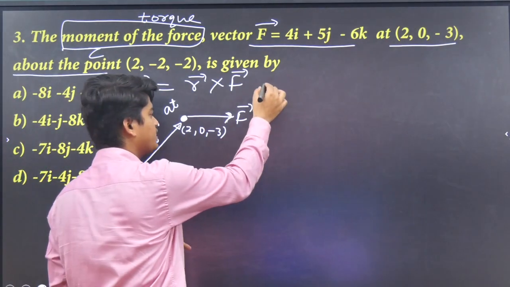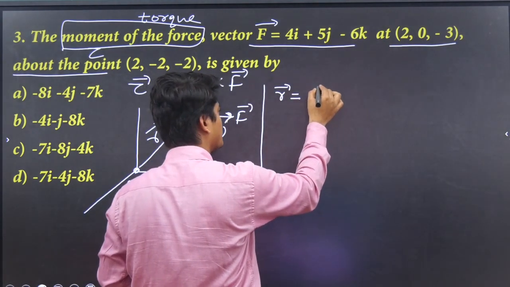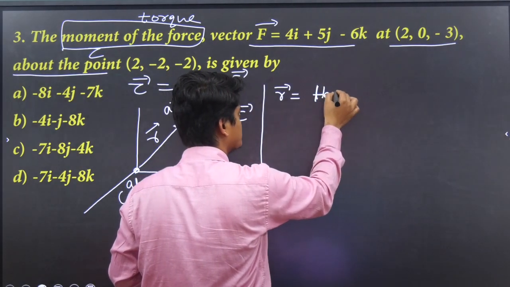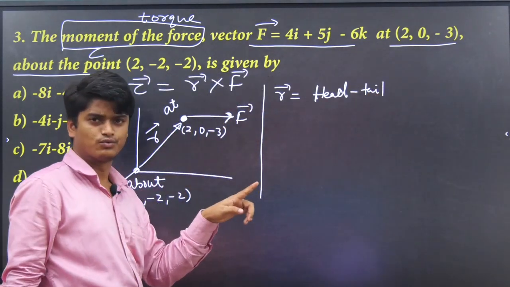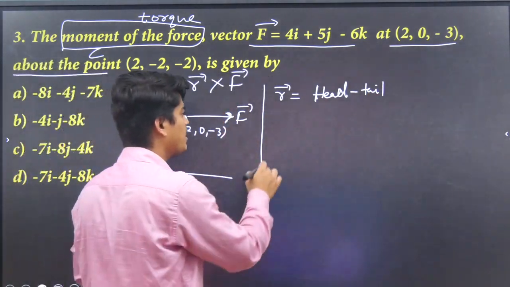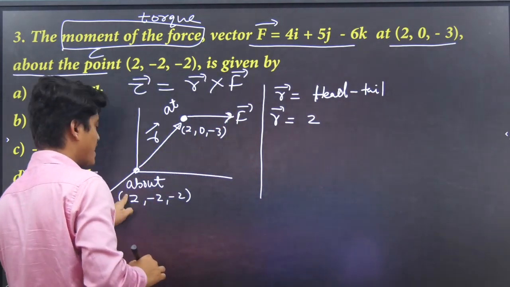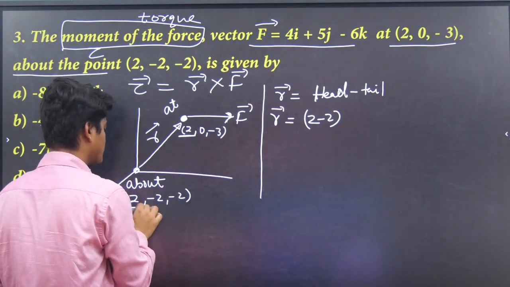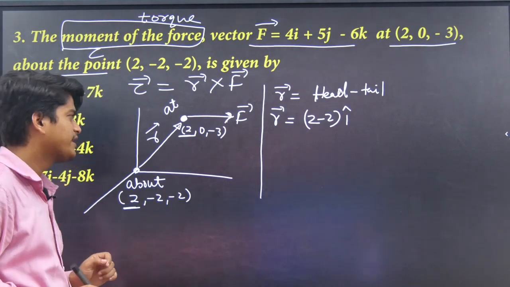R vector, if you want to find, you do head coordinates minus tail coordinates. Remember this, head minus tail. Now here, 2, minus 2, minus 2. This is your x coordinate. So vector wise, you will write some i cap will come.